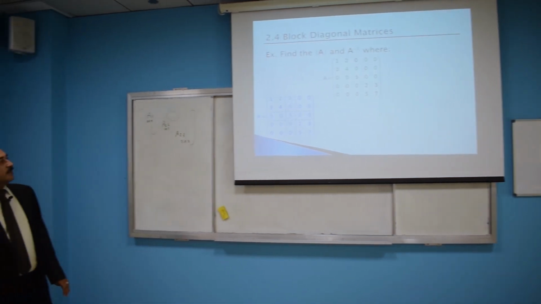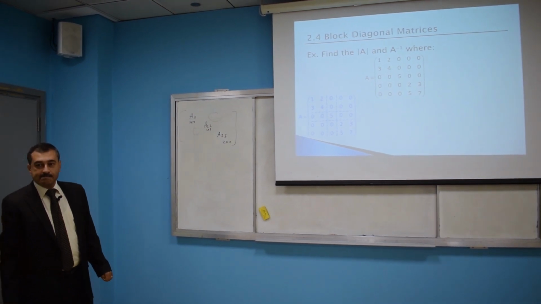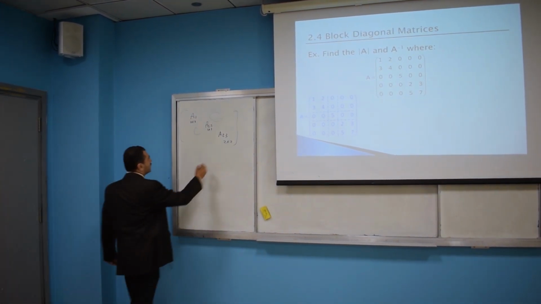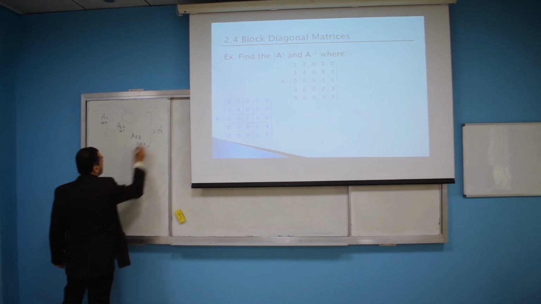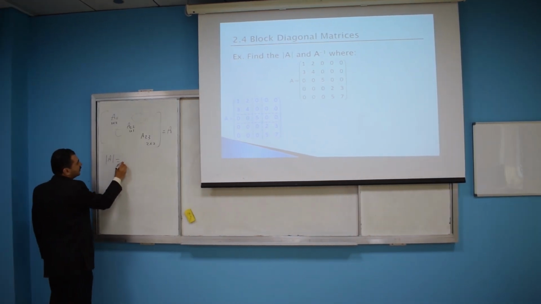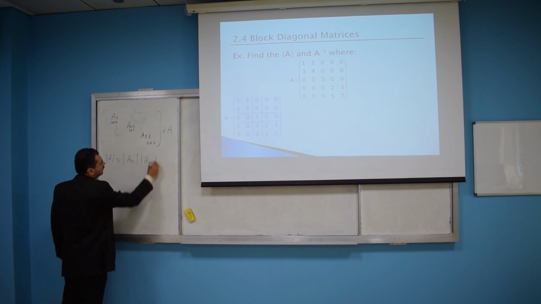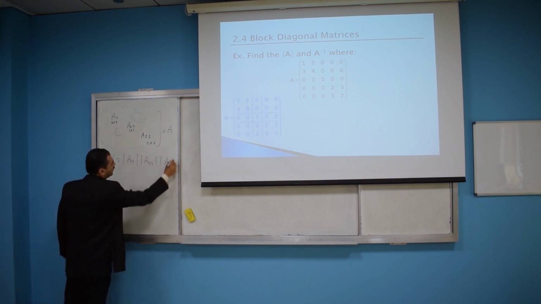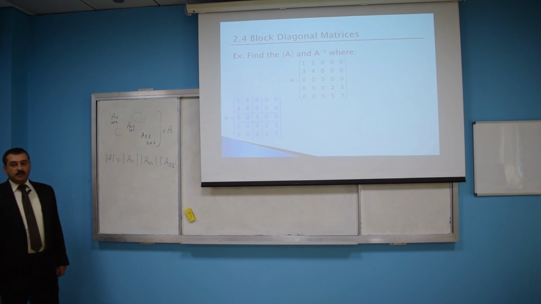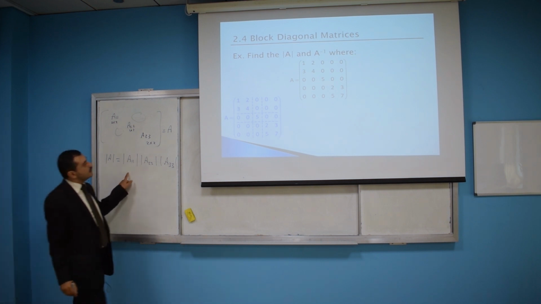So if I want to find the determinant of this guy, this is your A. Then determinant A equals the product of the determinants. What about the determinants here?